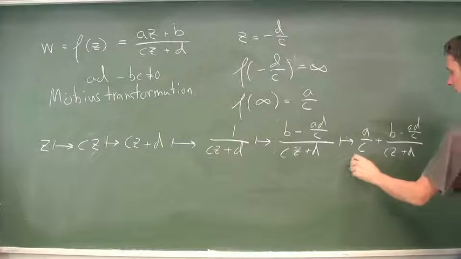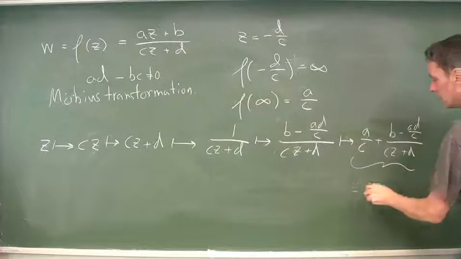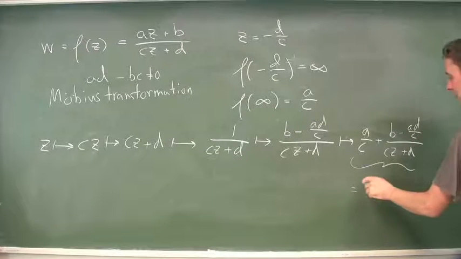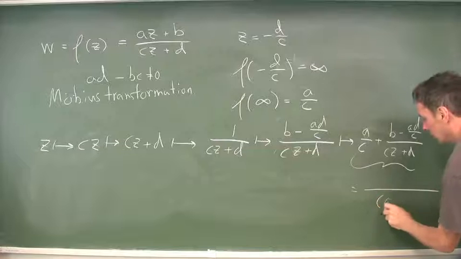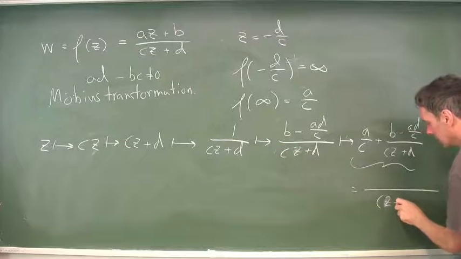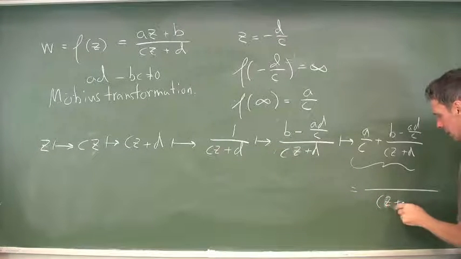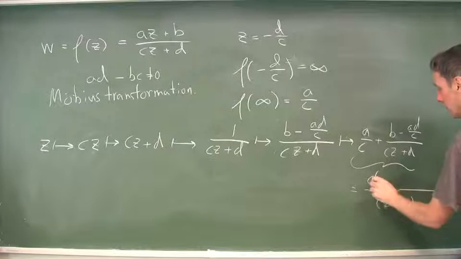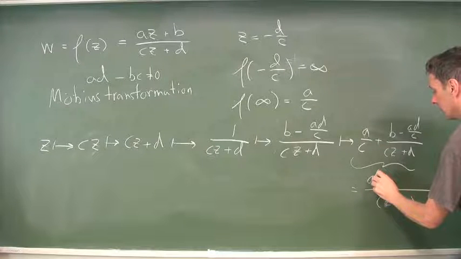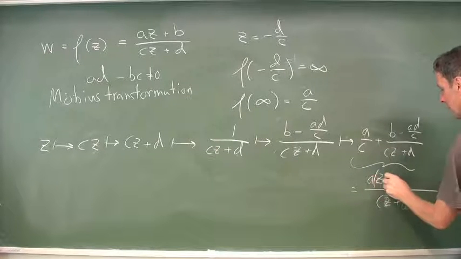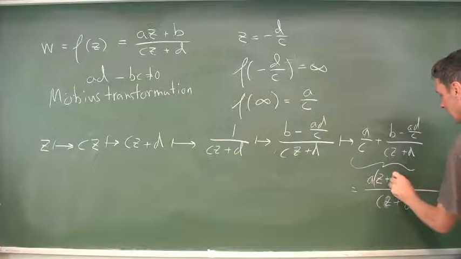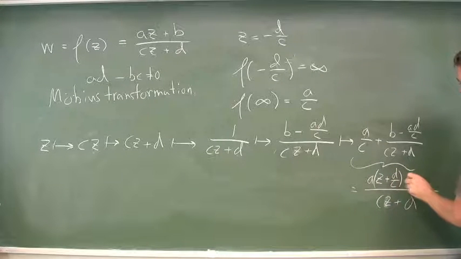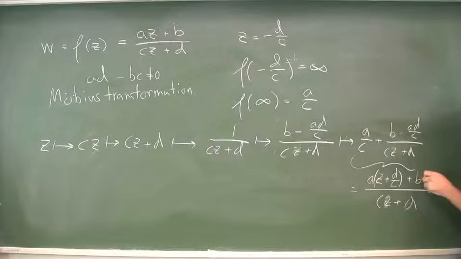And if you now just compute what this is by putting on a common denominator, you will see that this will be equal to C times Z plus D in the denominator. And up here you have to multiply by Z plus D divided by C. And then you have these terms also.